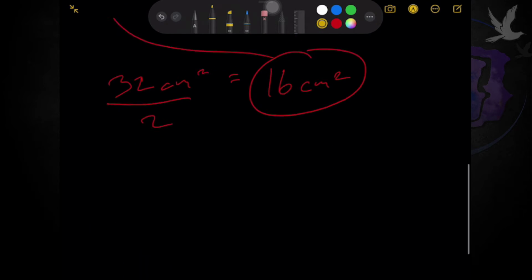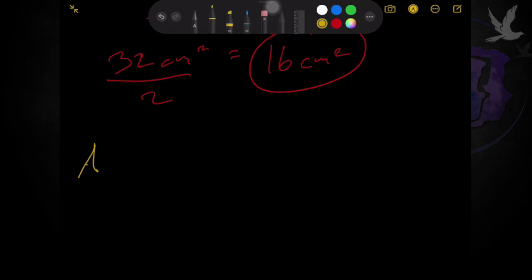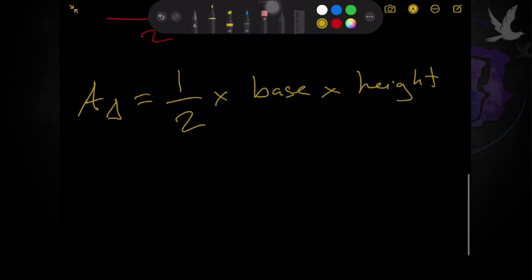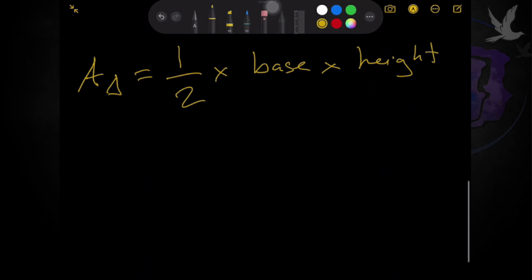The proper term, how to solve for the area of a triangle, we have certain terms here. The original formula is 1/2 multiplied by the base and multiplied by the height of the triangle. Okay? Height of the triangle. How do we identify the base and height of a triangle? It depends.